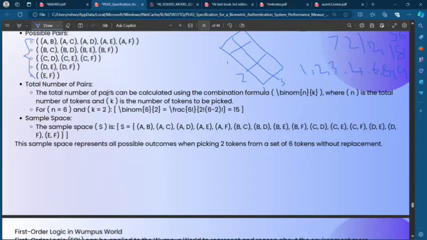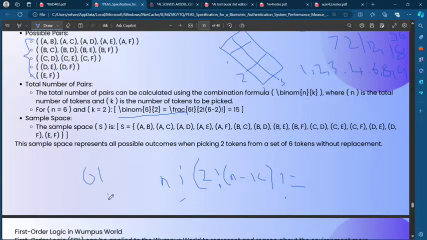So now what you have to do? Okay, n is 6, the number of tokens, and k is the sample you are picking, 2. So the formula is n factorial divided by k factorial into n minus k factorial, which we have to find.